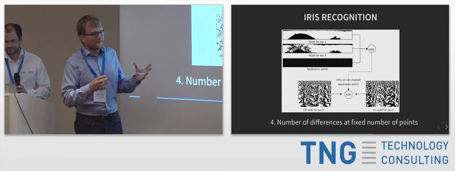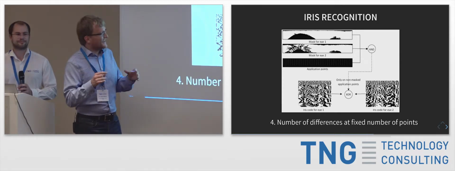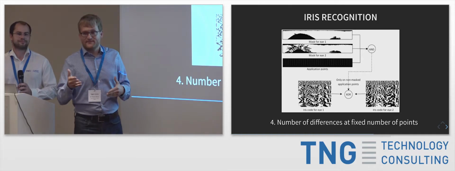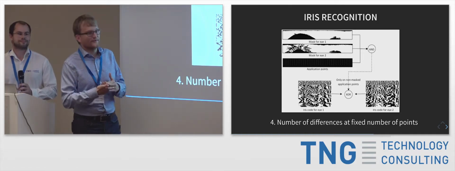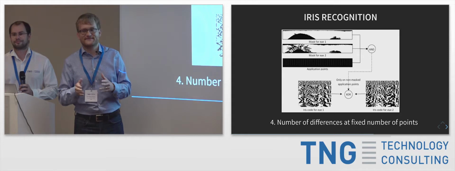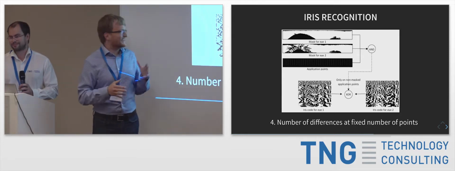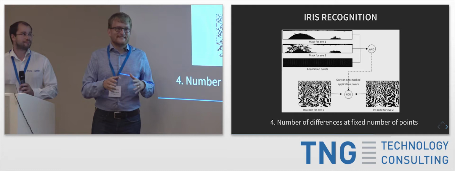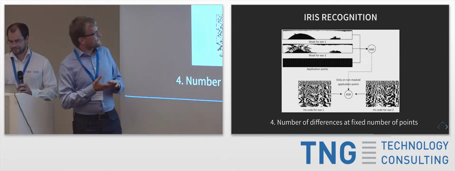So a score of 0 means perfect match. And you obviously normalize by the number of points that you compare. So a score of 1 means every single point you compare is different, which never happens. But a small score means they are very similar. Okay.